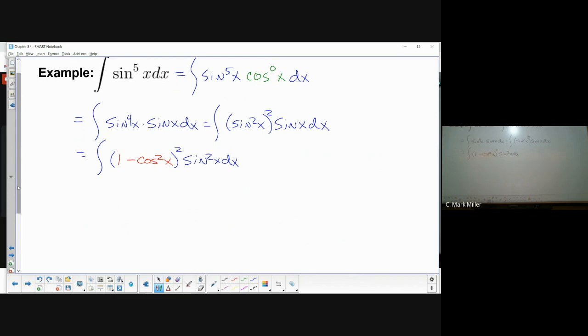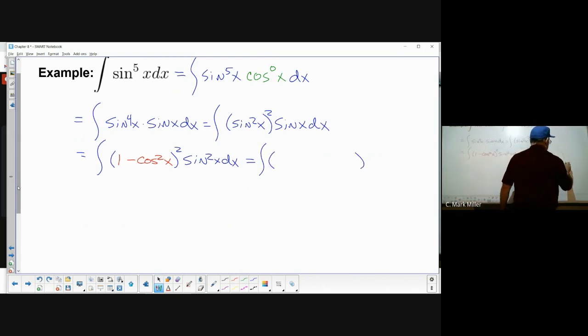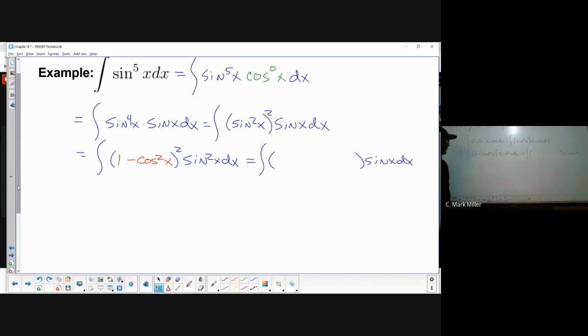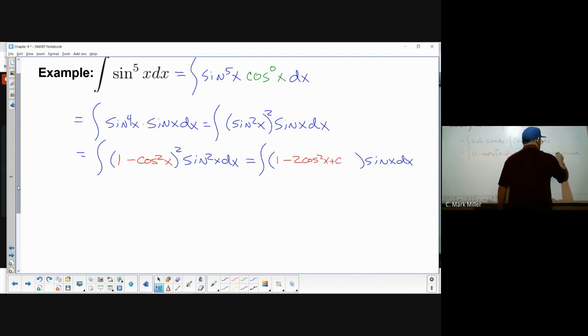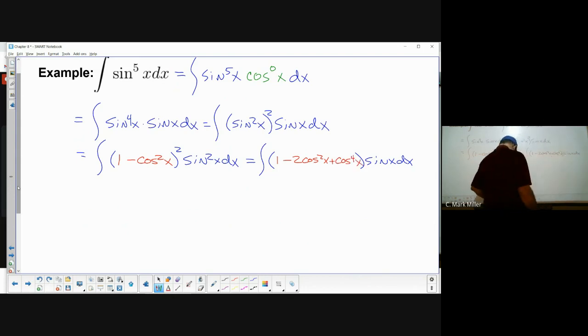We're going to square those, so that's going to be 1 minus cosine squared, squared. Now I have a bunch of stuff times sine.